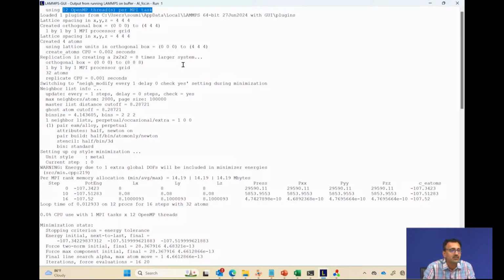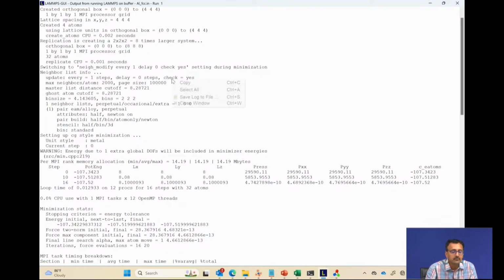Obviously, if you're running this on a high performance compute node, you can run it on, let's say, 100 nodes, each with 16 processors or 32 processors. So those sort of compute details will be provided here. And then it tells you the number of unit cells it's created, 4 by 4 by 4, and then it replicates it to 2 by 2 by 2, and creates 32 atoms in this case.